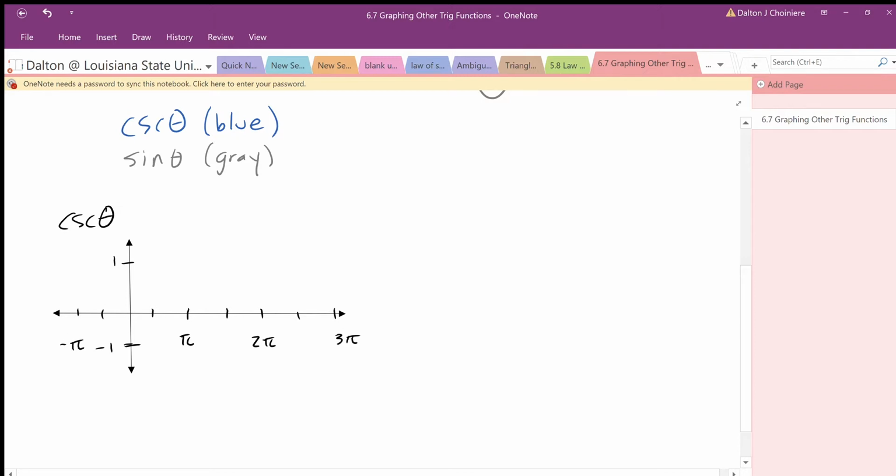Without seeing the sine theta with it, the cosecant would be, remember, you would still draw your asymptotes on all of the whole pi's. So -pi, also at 0, there's an asymptote, at pi, and at 2 pi, and at 3 pi, and at 4 pi, and 5 pi, and all the way up until forever.